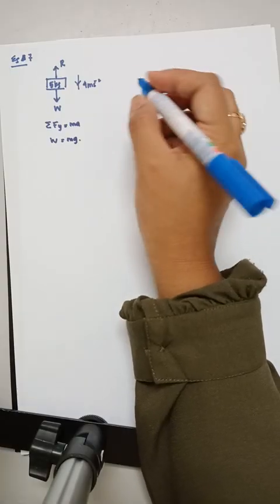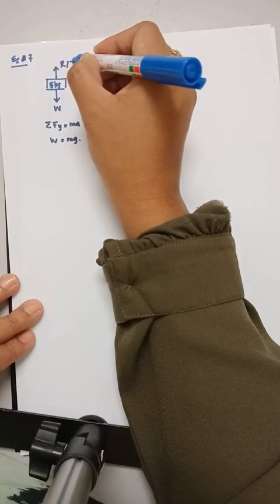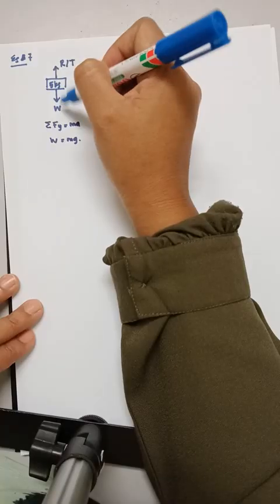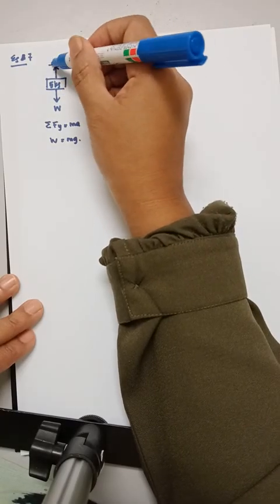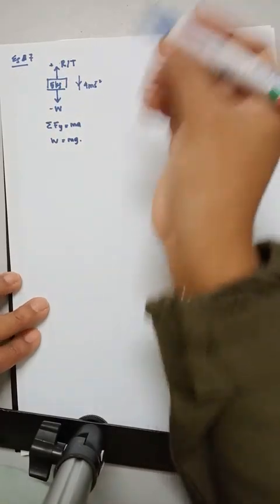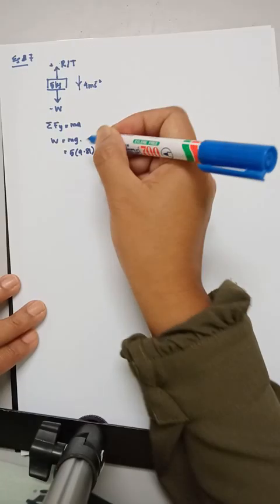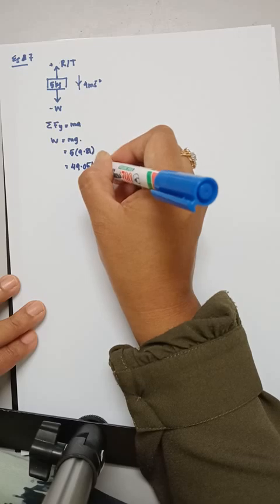Okay, sekarang dia nak suruh cari T. Bila nak cari T, ataupun R, kita kena tahu weight, sebab dia ada relation antara ni. Sebab sini positif, sini negatif. So kita kira weight dulu. M dia 5 times 9.81. So you akan dapat 49.05 Newton.